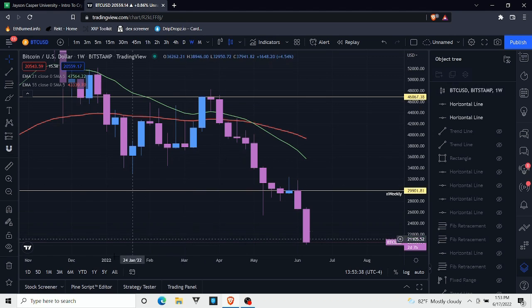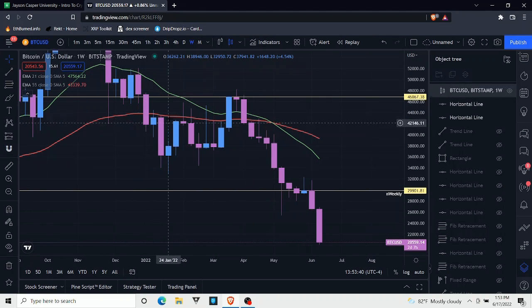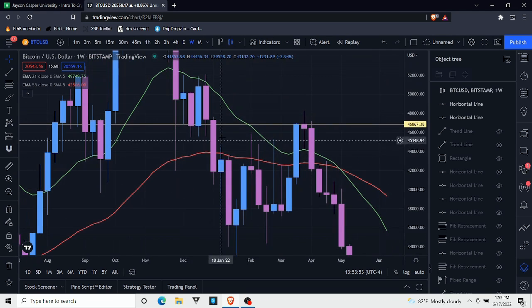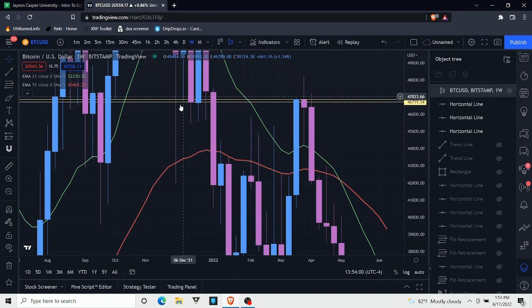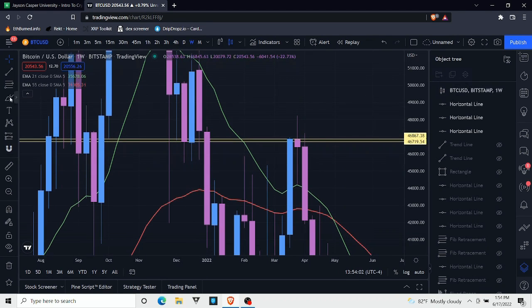Another thing to keep in mind, the more times that a support resistance level is touched, in general, the less reactive it is going to become. You can see that just below this first weekly level that we marked, we actually had another weekly level sitting right here, and this level was reactive.